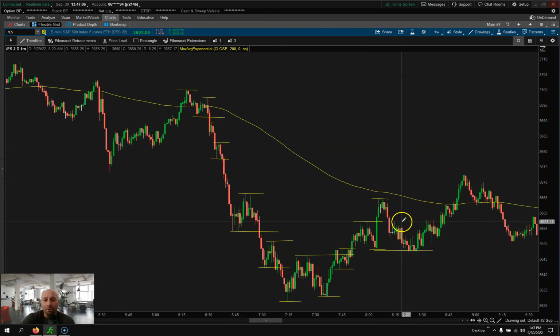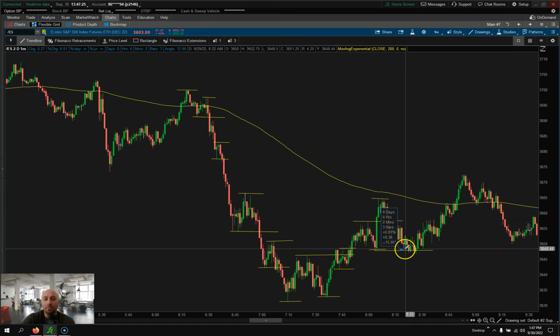Also, one of the things is you have these bigger trends down, but then you have all these little micro trends. And you could see right here, right? Within this pullback, we actually have a low, a high, a higher low, right?